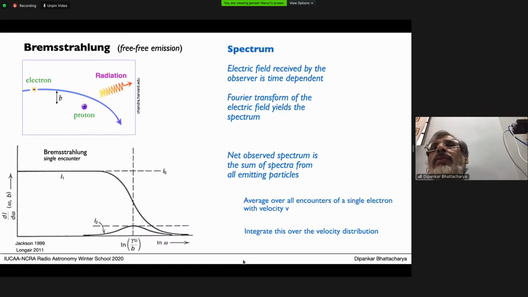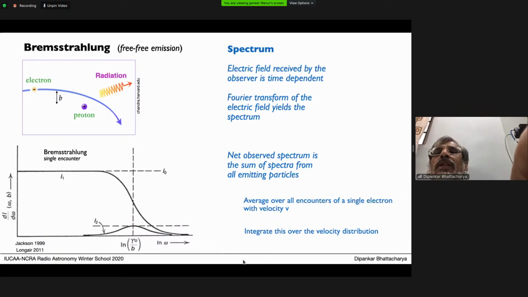If the electron is moving relativistically, then you have to multiply by a factor gamma, so it is b by gamma v. And the characteristic frequency of emission will be the inverse of that. So you can see that it is the characteristic frequency, gamma v by b, which limits the extent of the emission that you get from this electron.